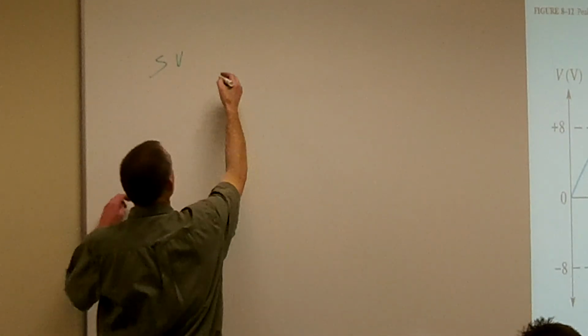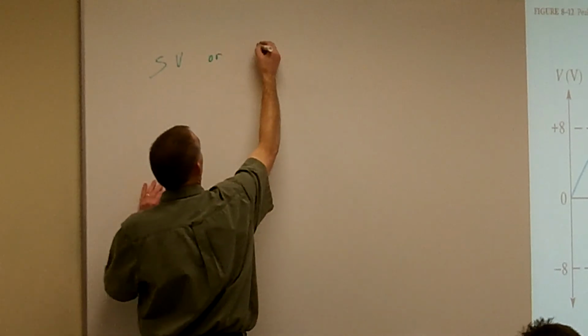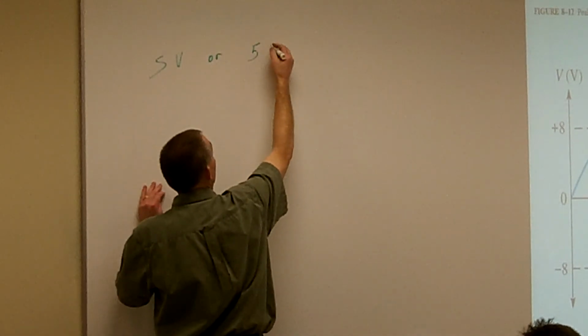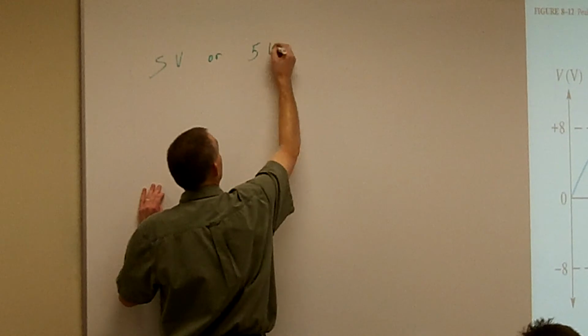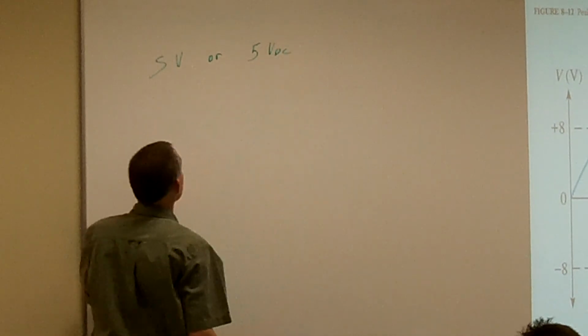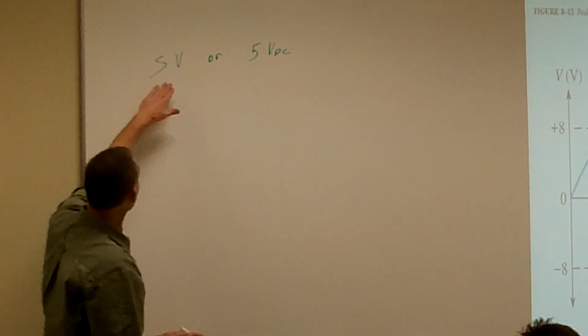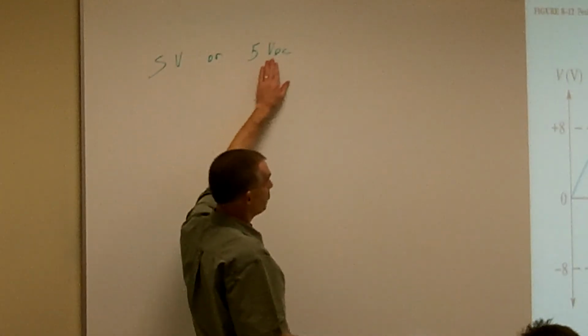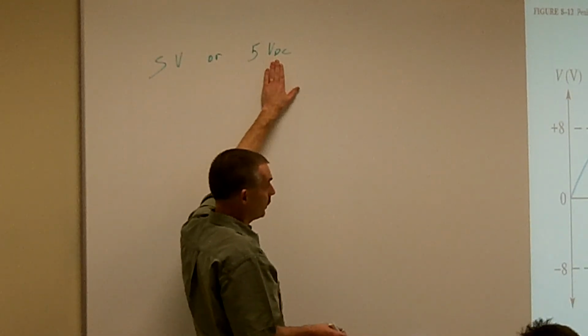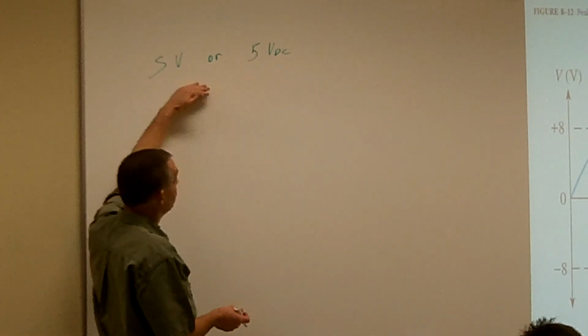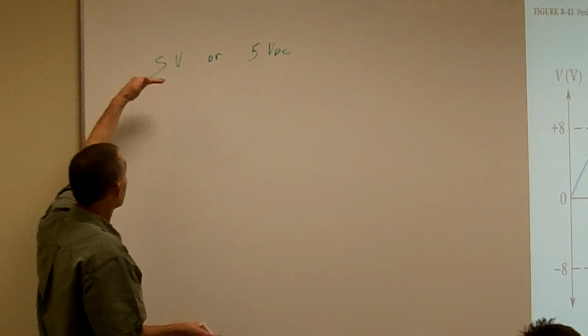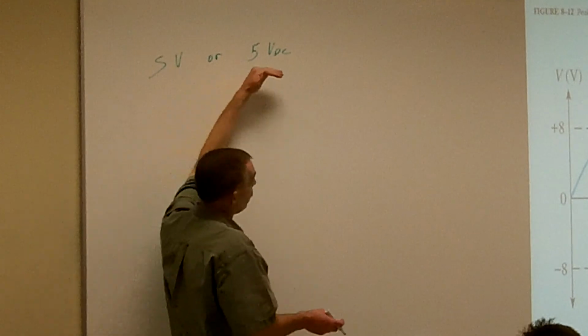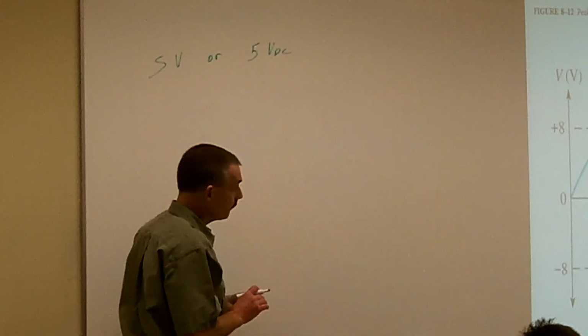Or I want to make sure that I'm very clear on what I'm saying, that it's 5 volts DC. If I don't see any units behind it, I'm always going to assume that it's going to be a DC voltage, because we can have DC voltages and AC voltages all over the same circuit. So we can either do it 5 volts or 5 volts DC.